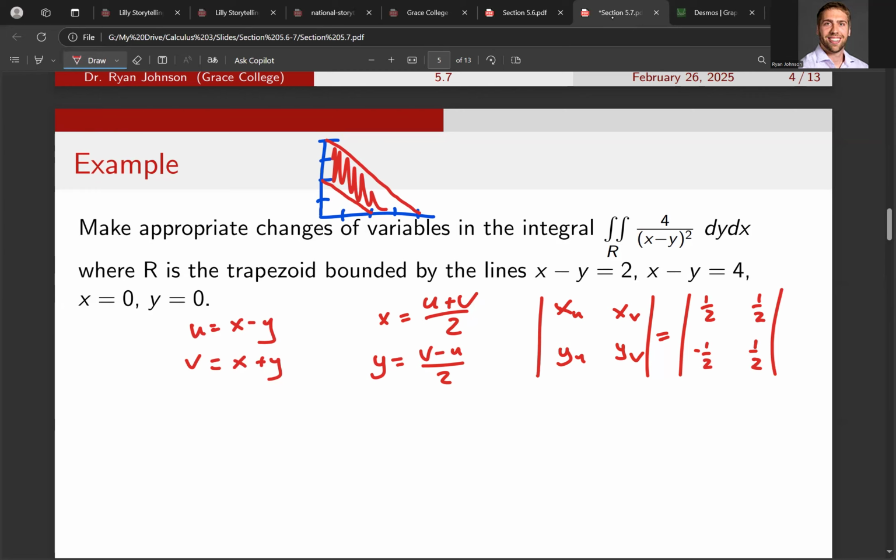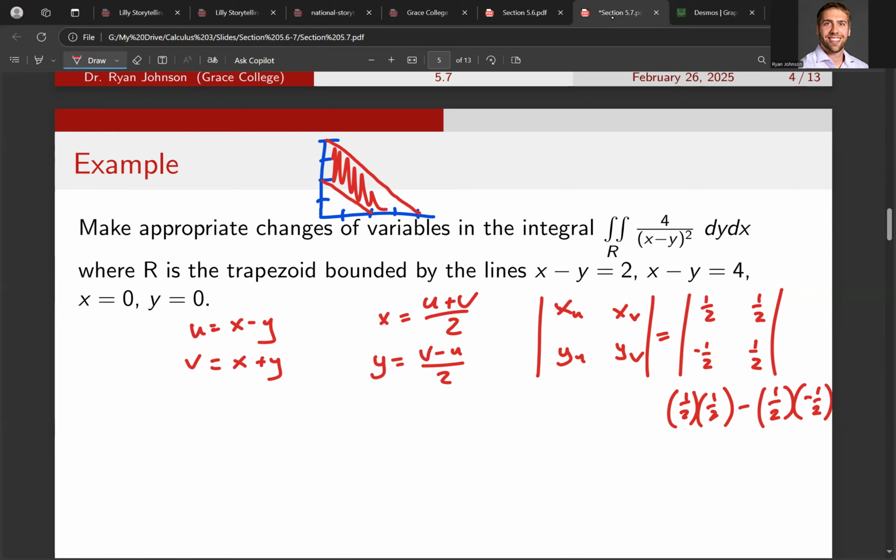So then the determinant of a 2 by 2 matrix is you multiply one diagonal minus the other diagonal. So we get top left times bottom right minus upper right times bottom left.